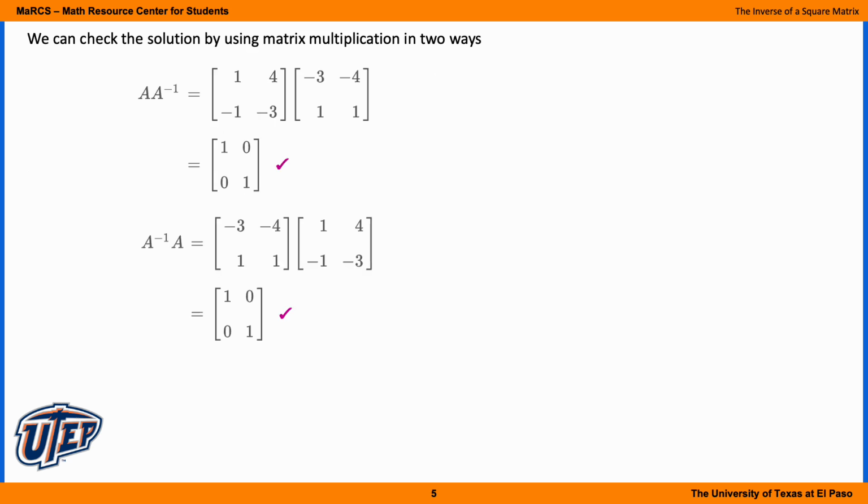Now, to check that your answer is correct, we use a property that A times its inverse should yield the identity matrix, and the inverse of A times A should also yield the identity matrix. So first doing A times A inverse, we got the identity matrix, and now in the other order, first the inverse of A, then multiplying that by A, we also got the identity matrix, so our solution is correct.